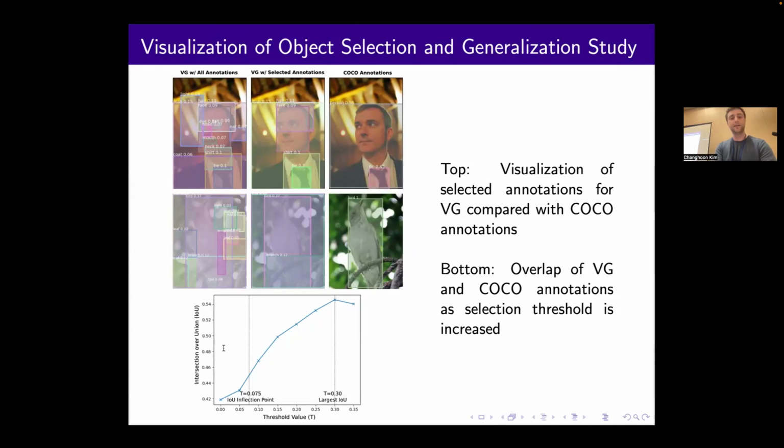And we find that yes, the IOU is increasing significantly as you select fewer and fewer annotations. And here's a visual example. We go from having background information like lights to having only foreground information like face, shirt, tie, and hair, and the man. That is what is contributing to this increased IOU between the two data sets.